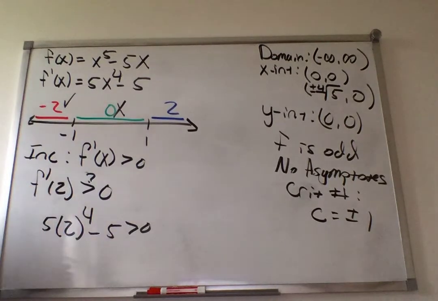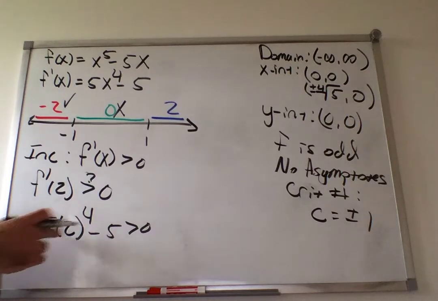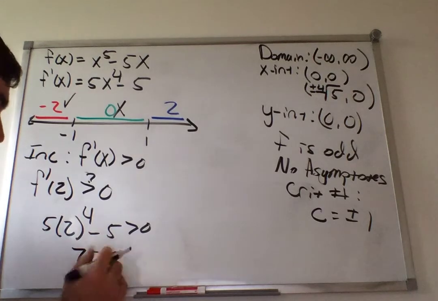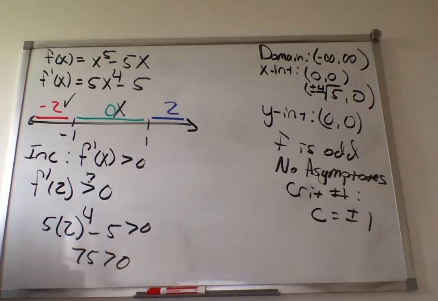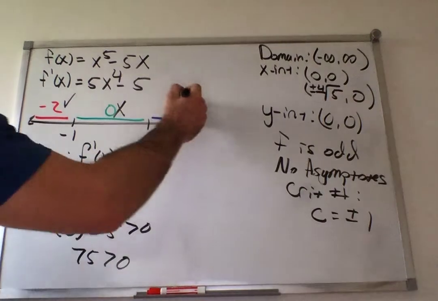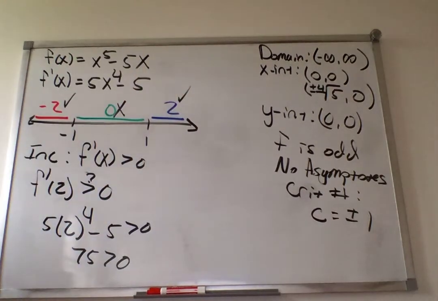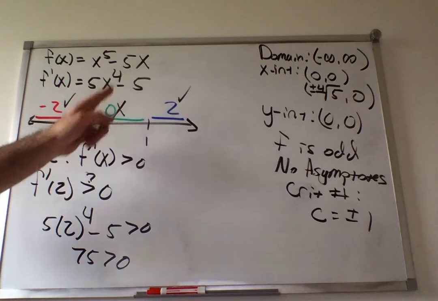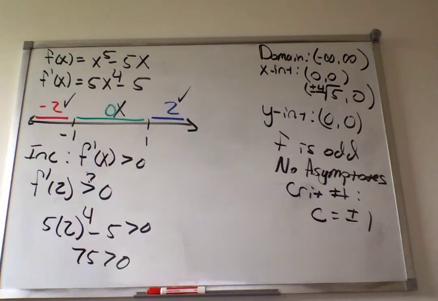Well, 2 to the 4th power, just like negative 2 to the 4th power in parentheses, is also 16. 16 times 5 is 80. 80 minus 5 is 75. Is 75 greater than 0? It is, okay? So now we have our intervals of increase, and then this would be our interval of decrease, okay?